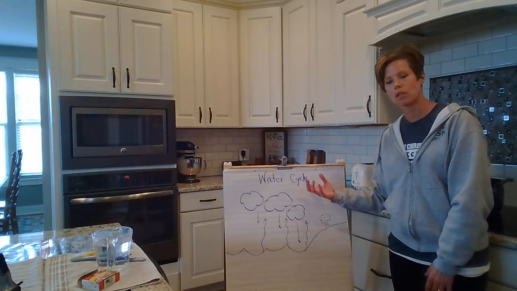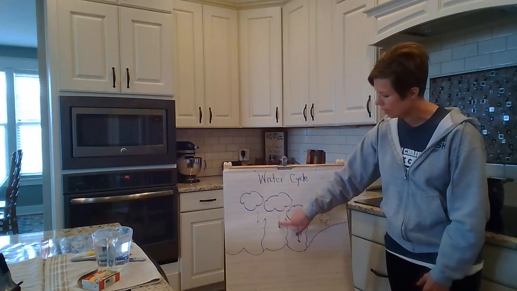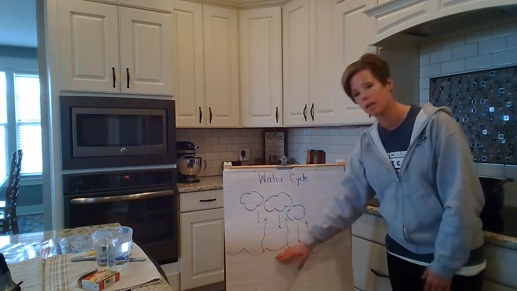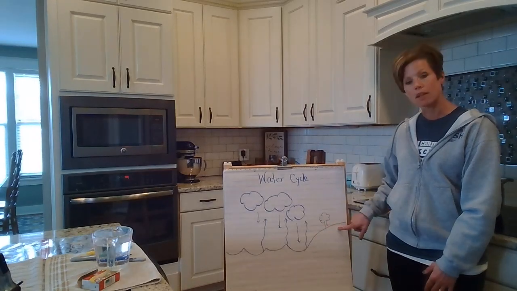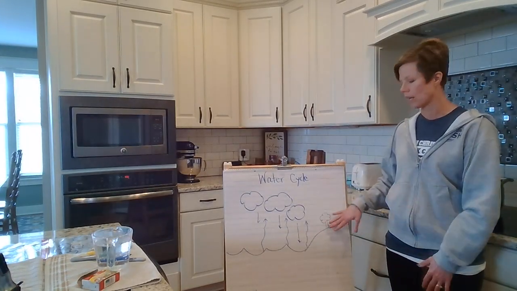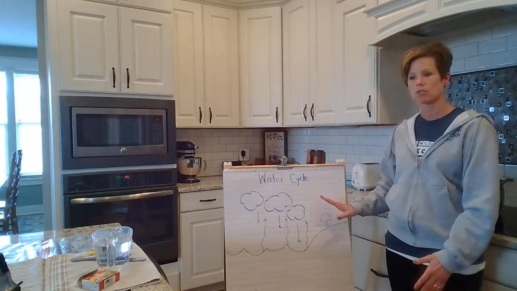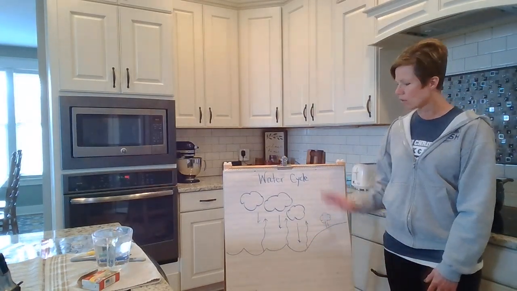When those clouds get so saturated with moisture, it rains again and the water falls either back into the lakes, rivers, ponds, streams, oceans, or onto the land. Do you remember we created those drawings where we had rivers, ponds, lakes, streams, oceans, all of that stuff? So that is the water cycle.